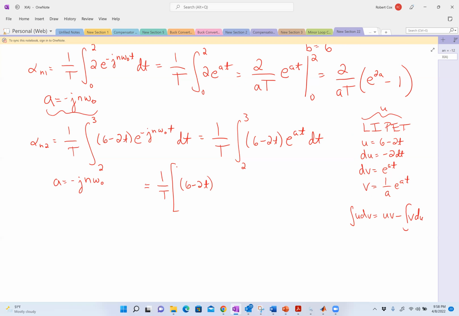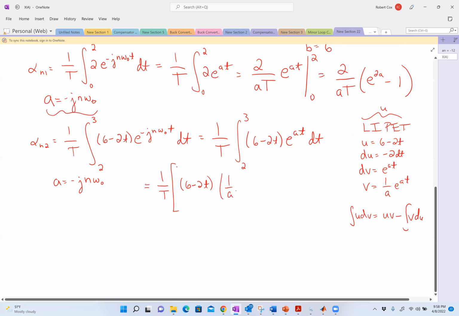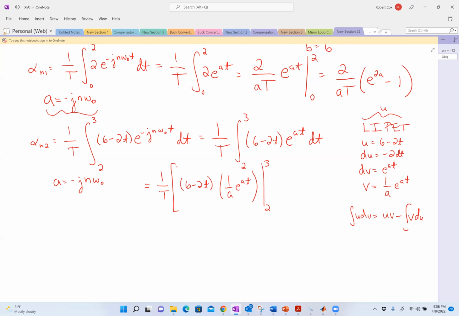So v is 1 over a e to the at. And this is evaluated from 2 to 3. We've got to remember that because this was a definite integral. Then I have the other piece here, minus the integral of v du.